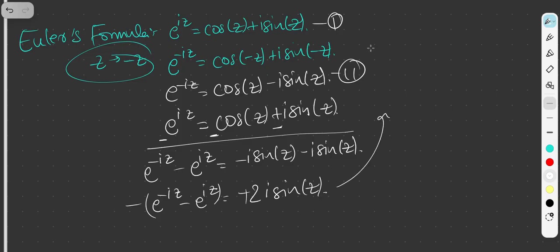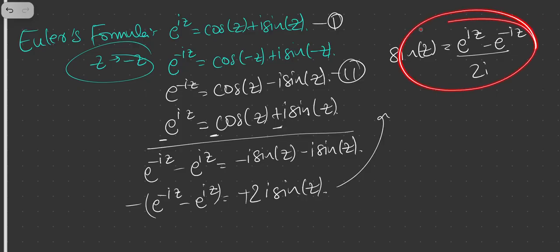From here we can isolate sine of z as sine of z equals e to the iz minus e to the minus iz over 2i.